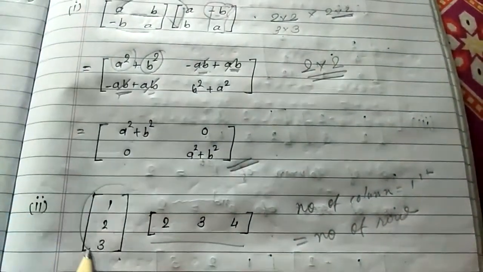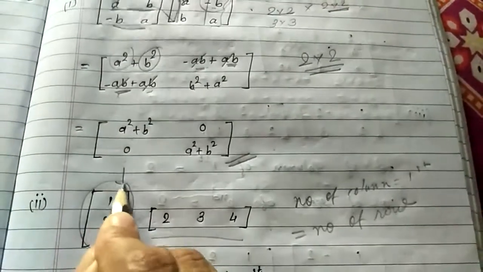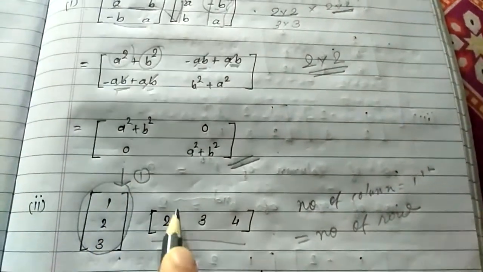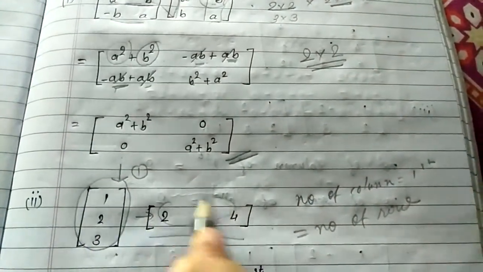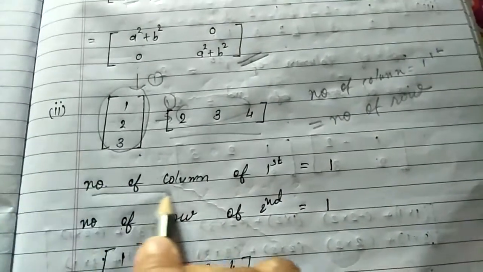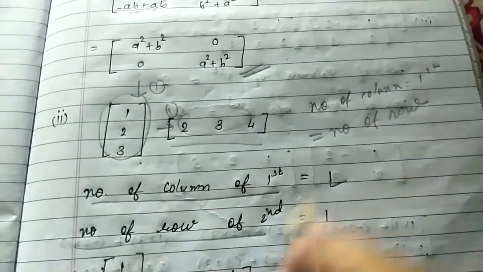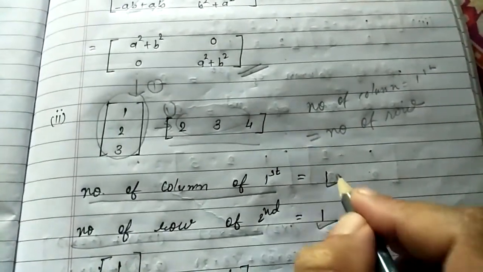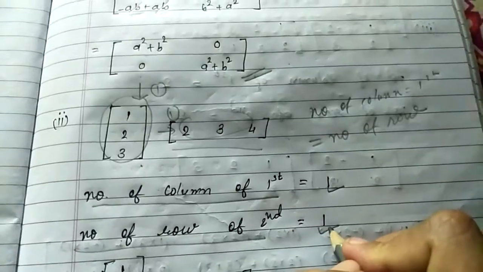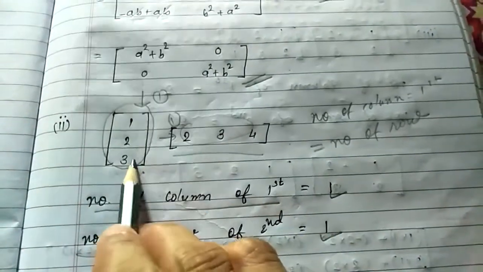Here you can see the number of columns in the first one is 1, and the number of rows in the second is again 1. So the first condition is satisfied, so we can multiply.